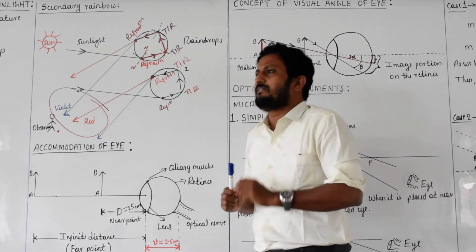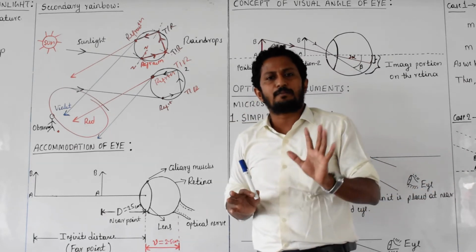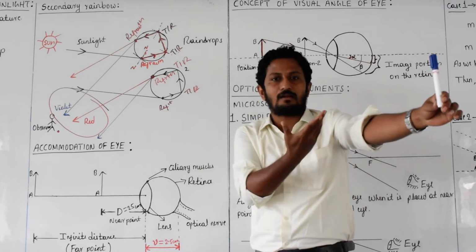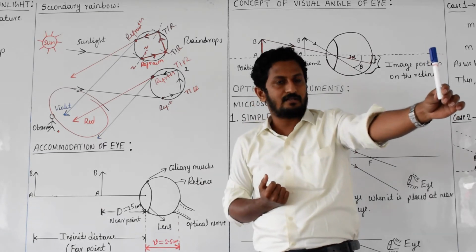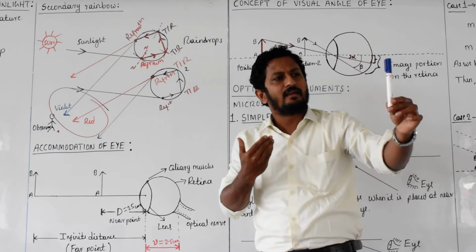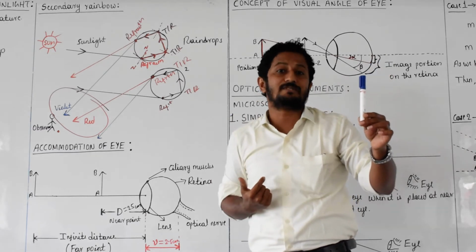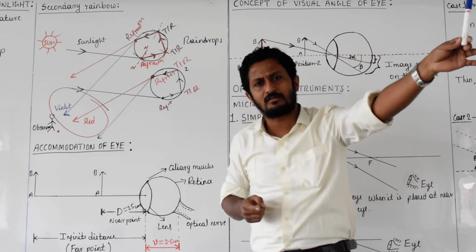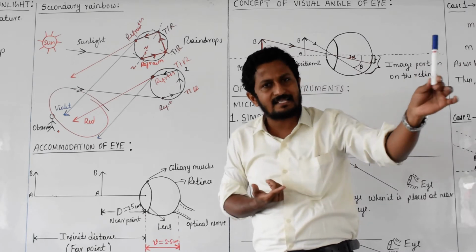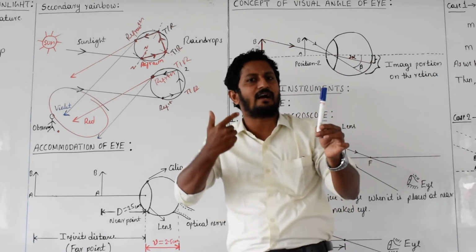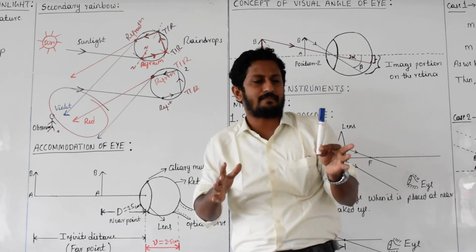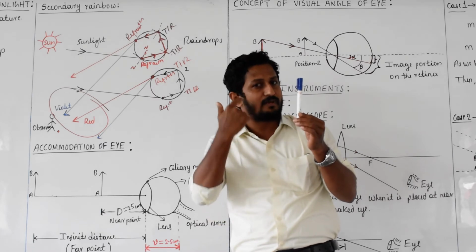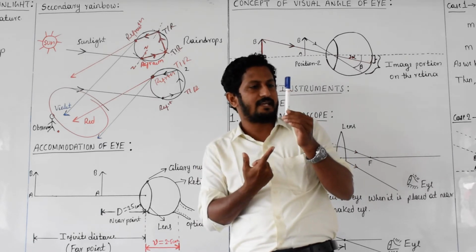One thing I will ask you. Suppose I take this marker too far away from my eye, yes, I can see it. As I take it nearer to my eye, I can still see that object. As it comes very close to my eye, I can still see.